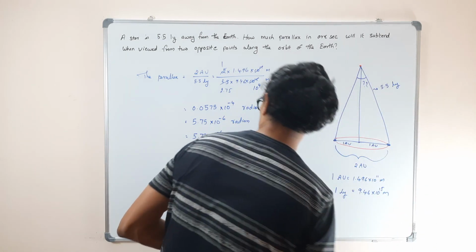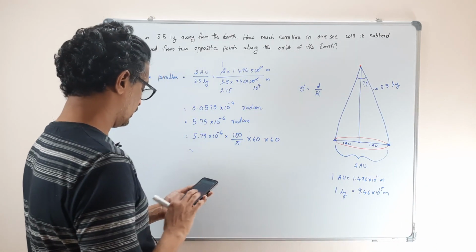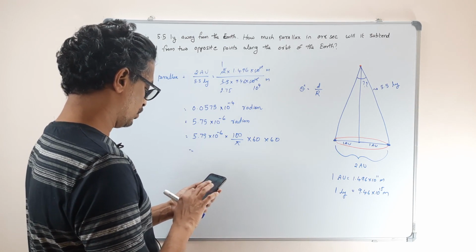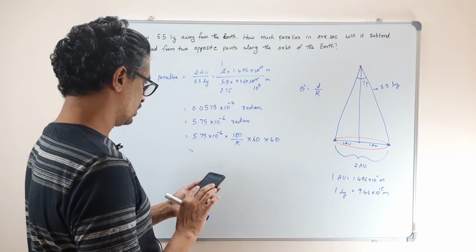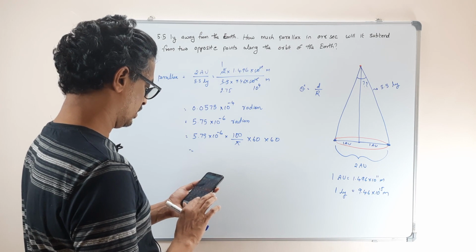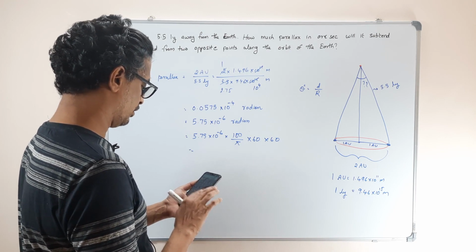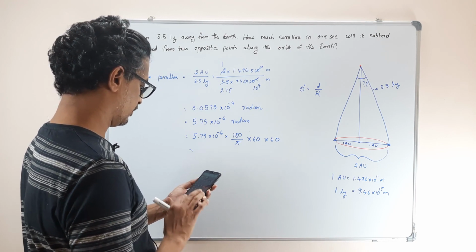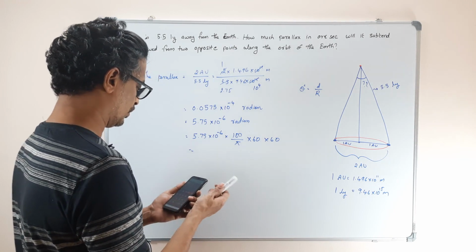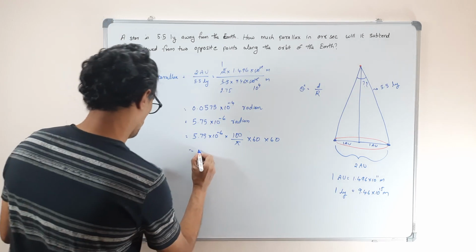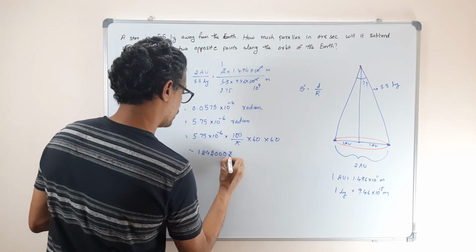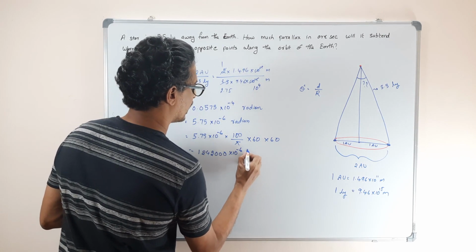So, let us try to do it. 5.75 into 180 into 3600, divided by 3, that will be equal to 1242000 into 10 to the power of minus 6 arc second.